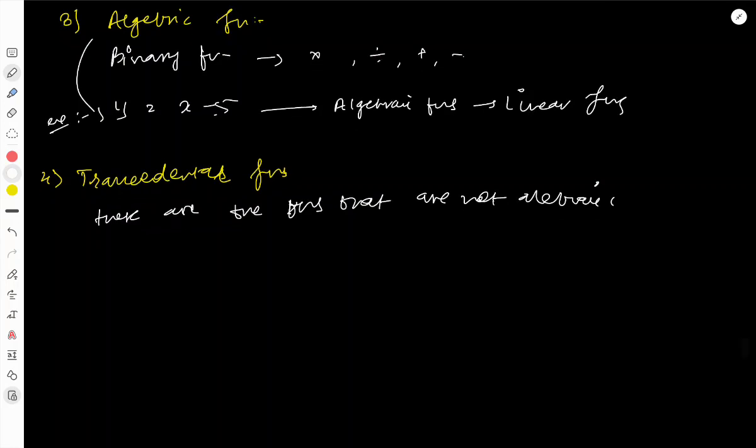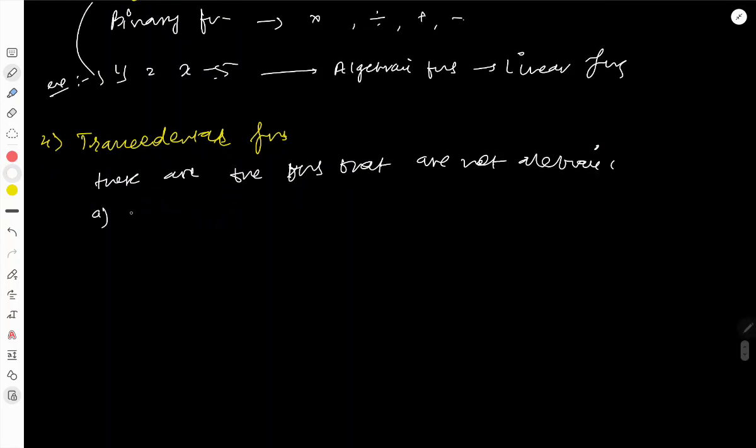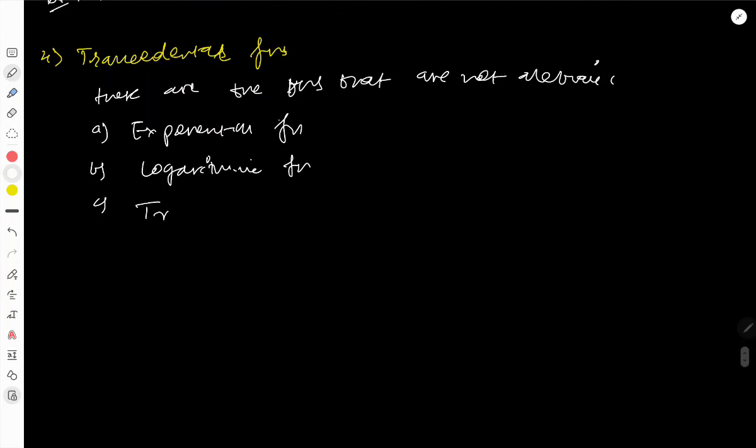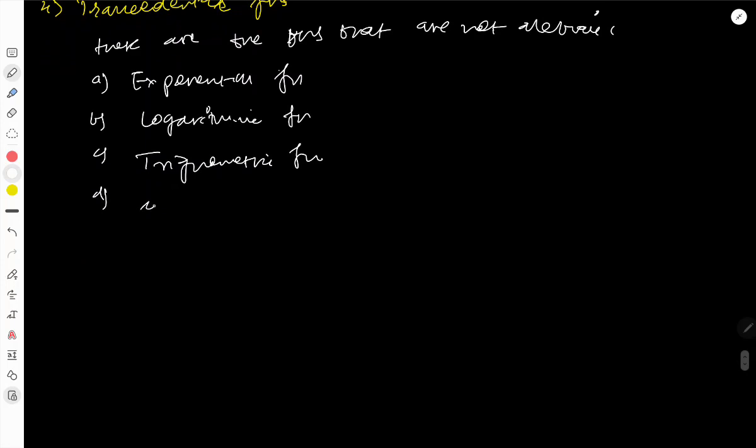It can be in the form of exponential functions, logarithmic, that is a form of exponential, trigonometric, that is again not a linear function, inverse trigonometric, or even we can see it as a polynomial.